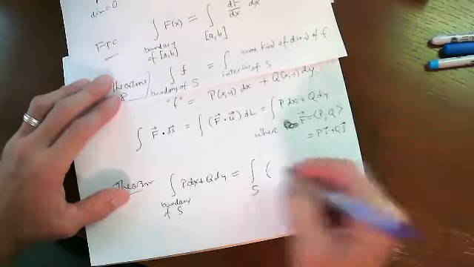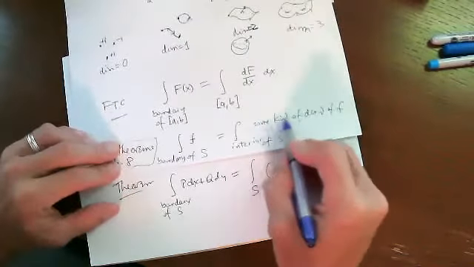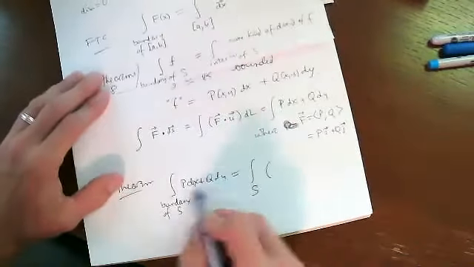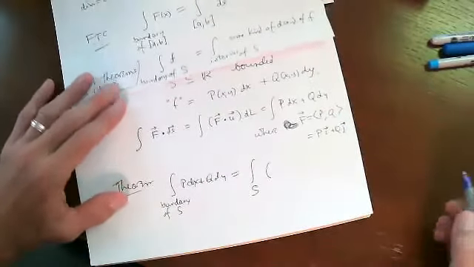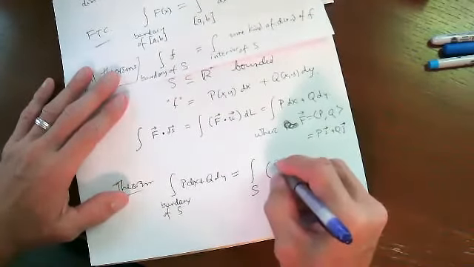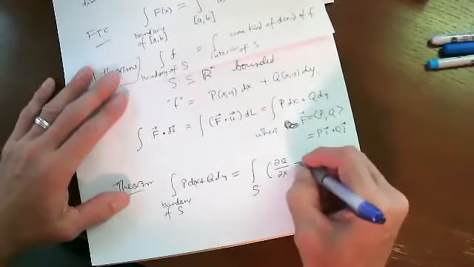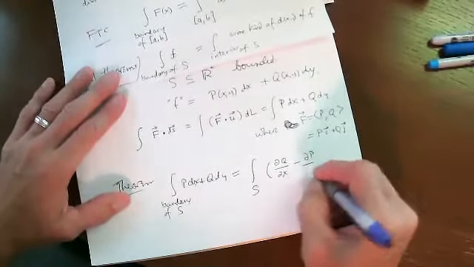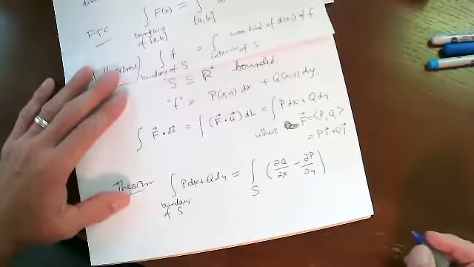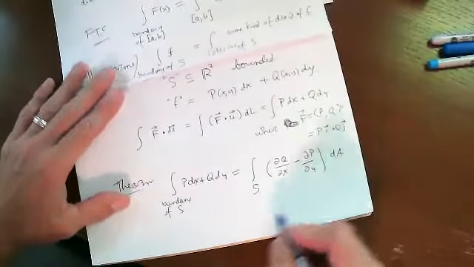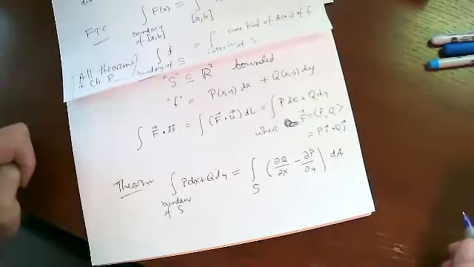And what you're going to integrate will be some kind of a derivative of this vector field, and specifically it's this: you take the partial derivative of Q with respect to x and subtract the partial derivative of P with respect to y. And that's your function that you integrate with respect to area over this set capital S.